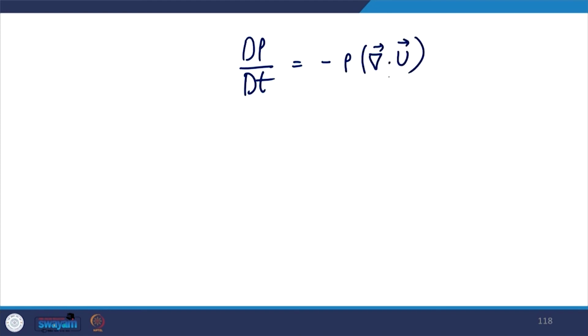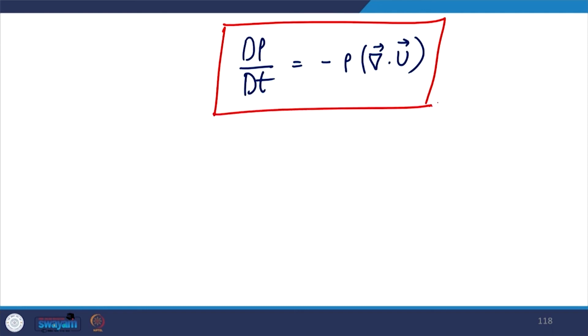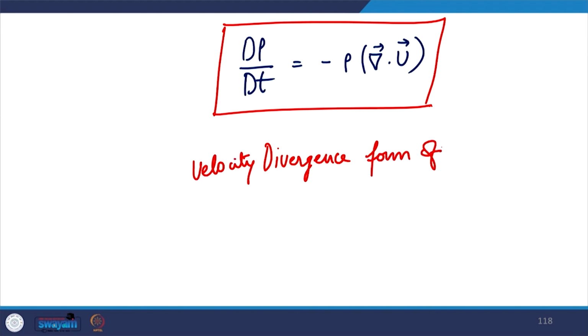On the right hand side you have the divergence of velocity appearing. So, this is the equation of continuity. The rate of change of density is equal to the negative of the density multiplied by the divergence of velocity. This form of continuity equation is called the velocity divergence form of the continuity equation.